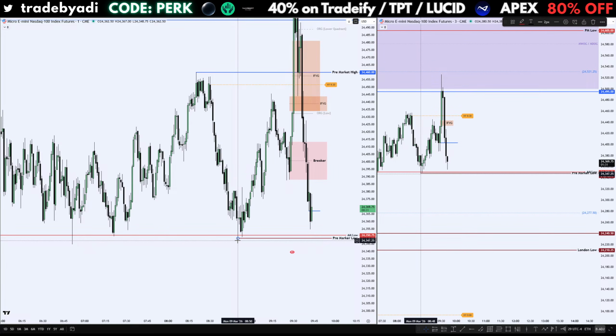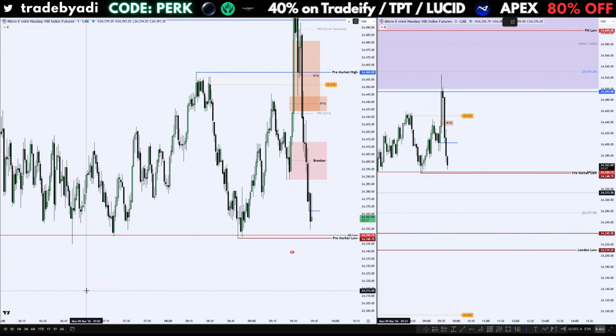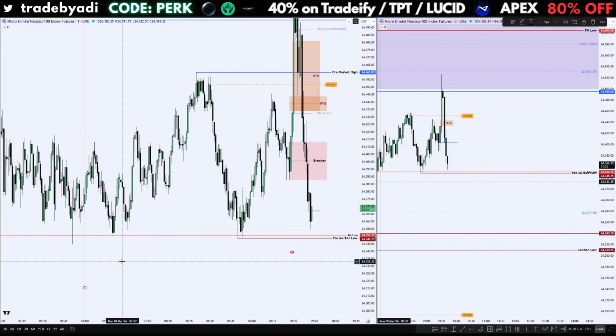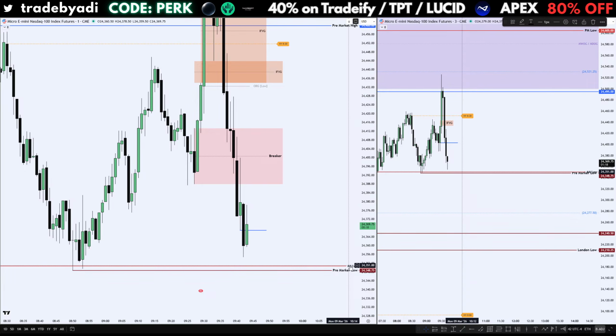This is the 850 low after 7 o'clock. If you put the 7 o'clock vertical line, this is the lowest low you are going to have. And also the AM session low, this low. So you can keep the target over here or over here.